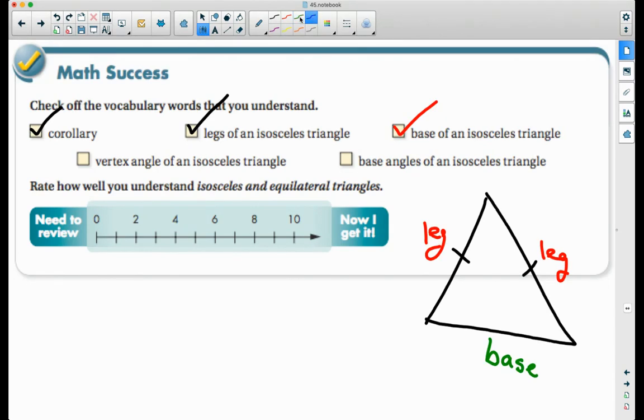The vertex angle of an isosceles triangle is the one that's not congruent to the other two. And then the base angles are the congruent ones. Any questions with that?